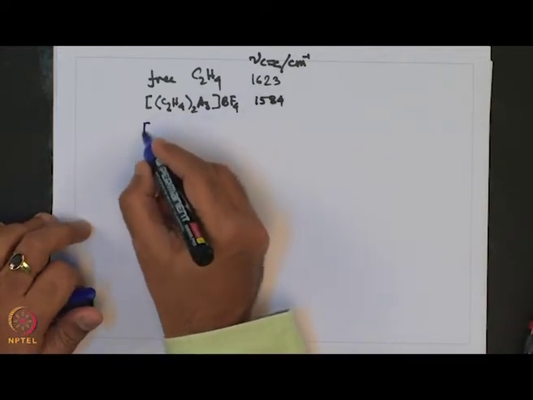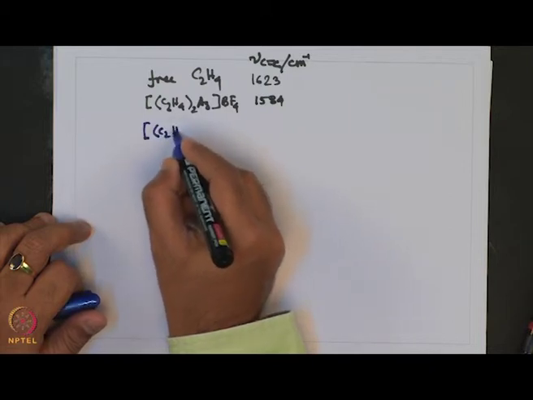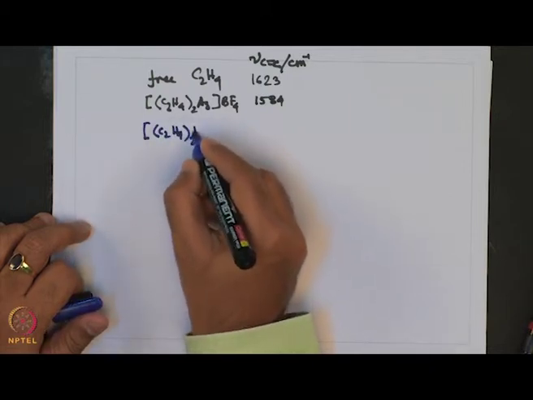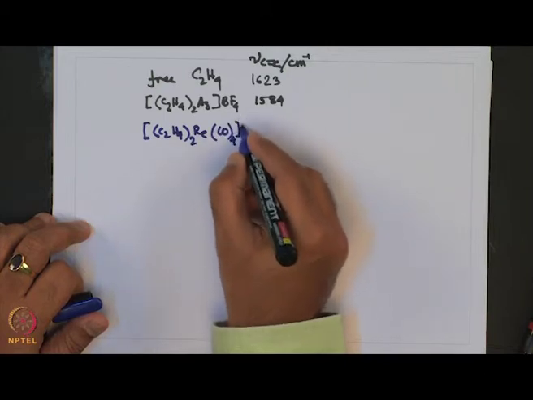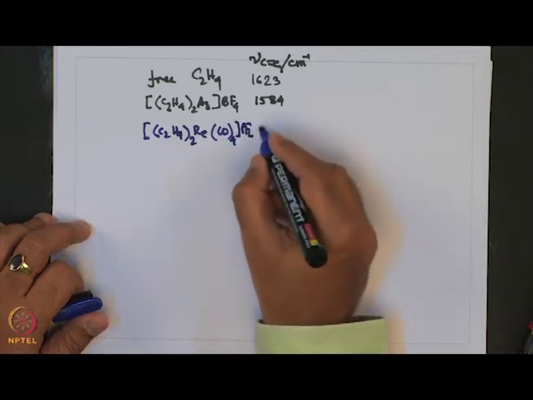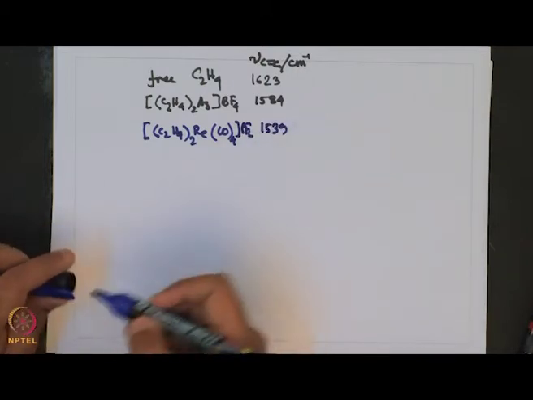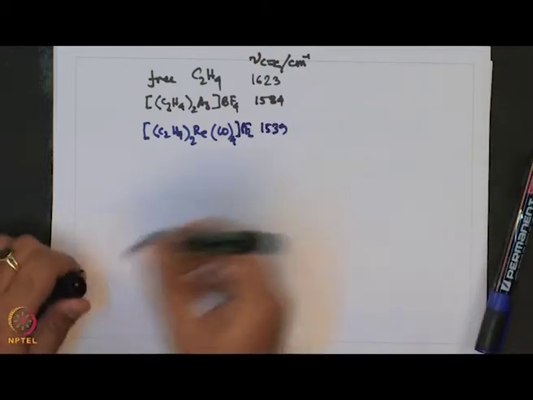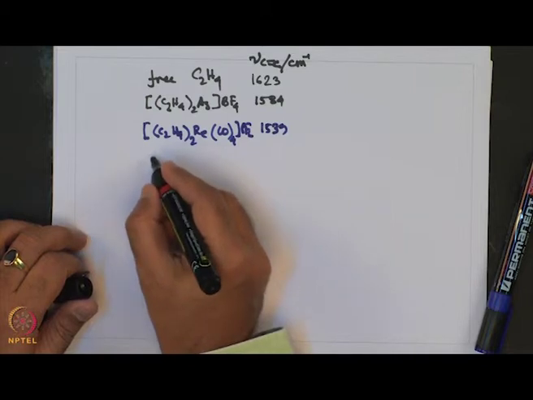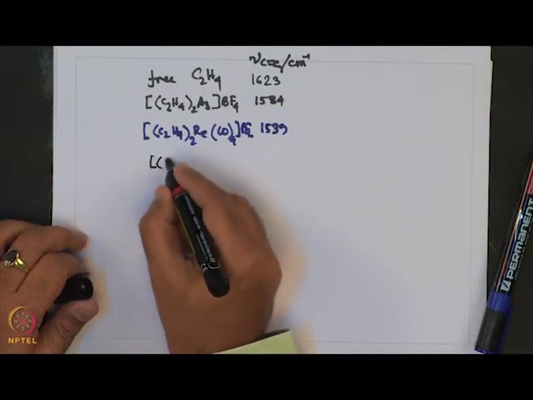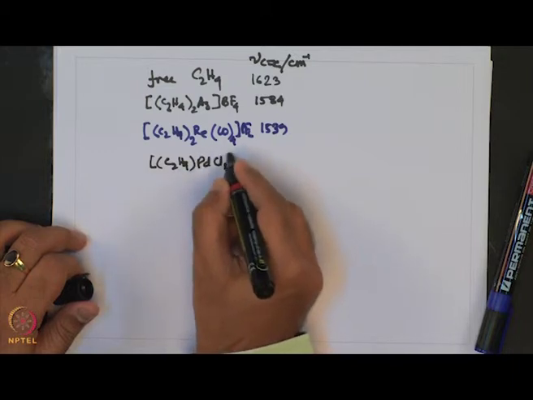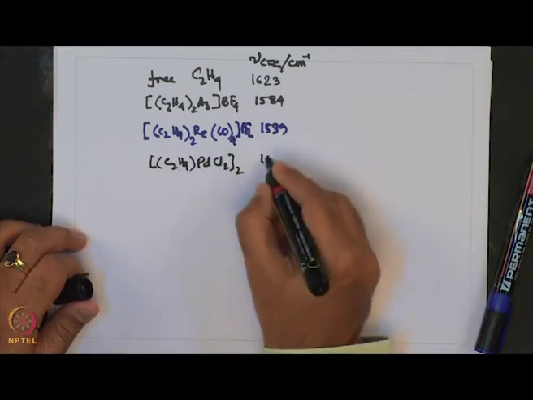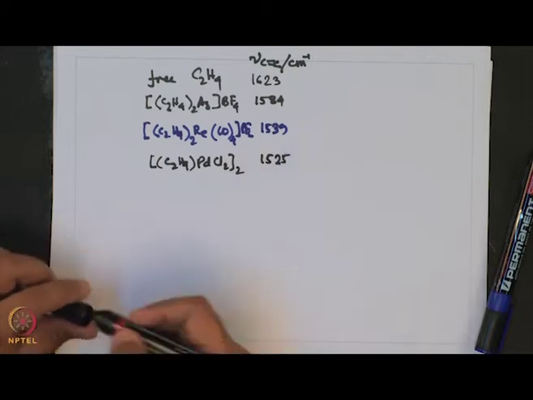Then another complex, (C2H4)2 Re(CO)4 PF6, is 1539. Then the C2H4 PdCl2 dimer is 1525.